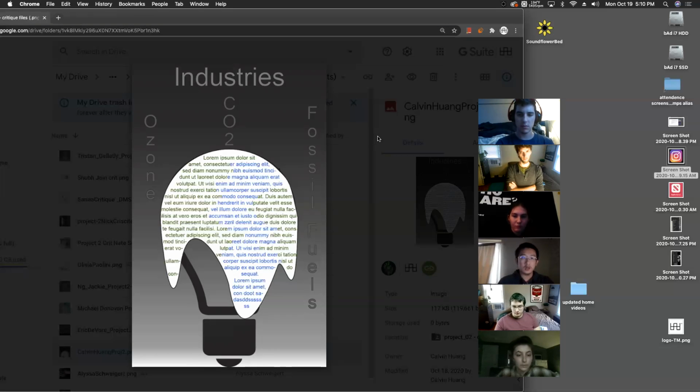At first I wanted to make it so the light bulb is lighting up the darkness, and the darkness represents the pollution, industries, CO2, fossil fuels, that stuff, which is why I have the gradient going downwards, and towards the bottom it's lighter where the light bulb is. I think I'm getting hung up more on the meaning of the light bulb in context to whatever is melting on top of it. I'm not sure. What do you guys think?